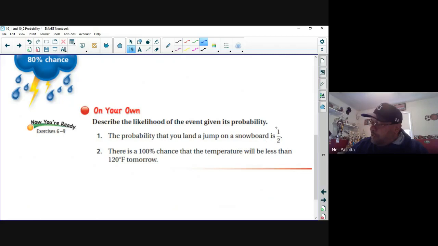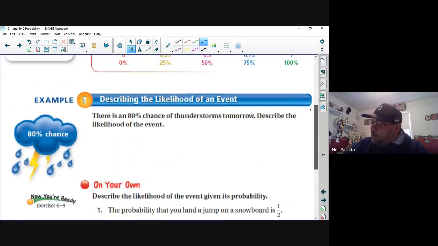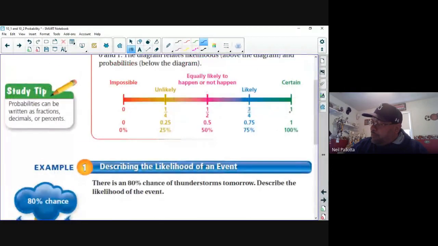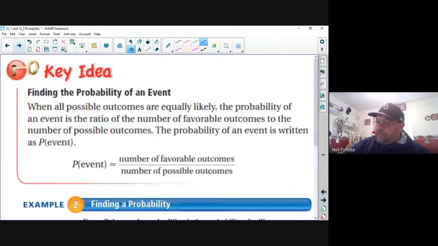Question 2, there's a 100% chance that the temperature will be less than 120 degrees Fahrenheit tomorrow. A 100% chance means it will be certain that the temperature tomorrow will be less than 120 degrees.